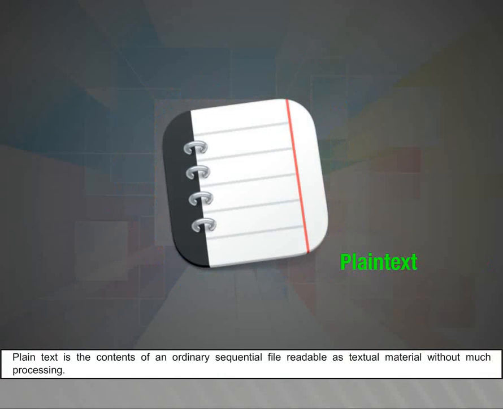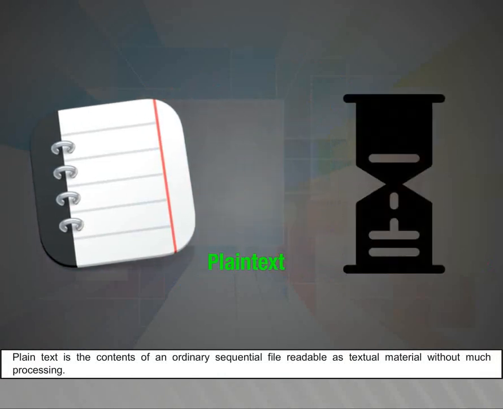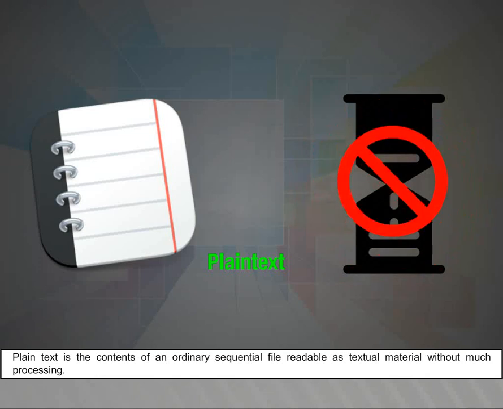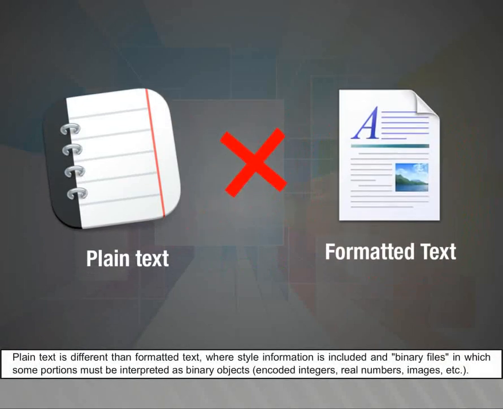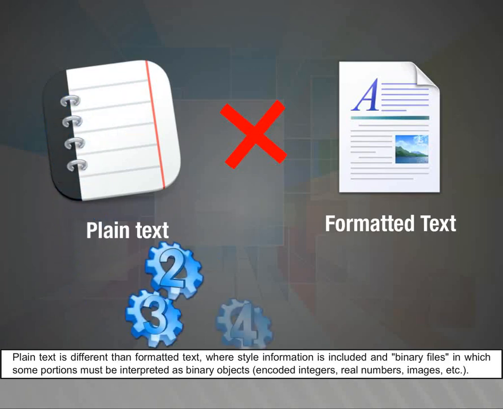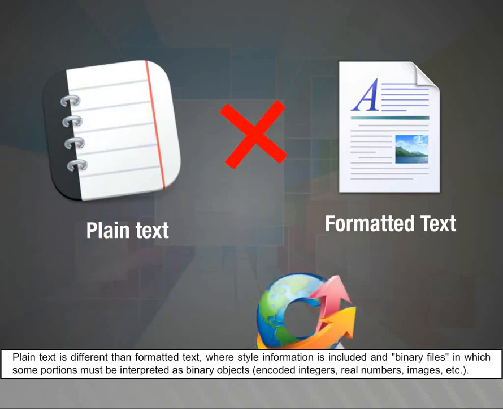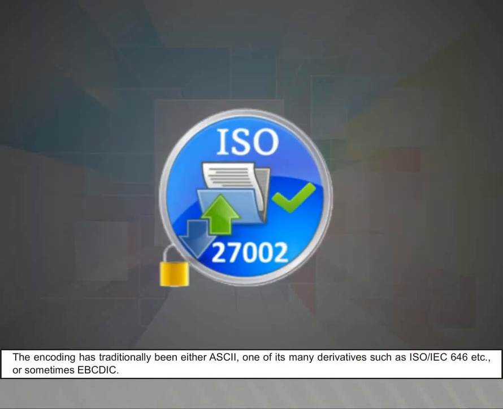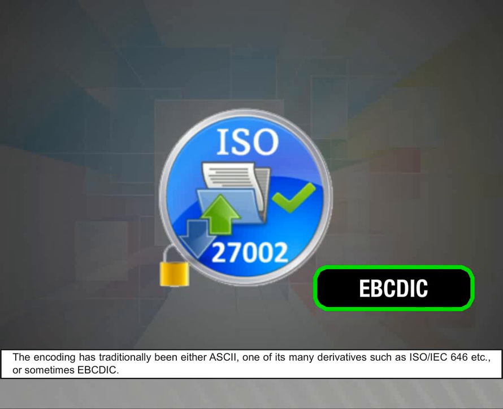Plain text is the content of an ordinary sequential file readable as textual material without much processing. Plain text is different from formatted text, where style information is included, and binary files, in which some portions must be interpreted as binary objects, that is, encoded integers, real numbers, images, etc. The encoding has traditionally been either ASCII, one of its many derivatives such as ISO/IEC 646, etc., or sometimes EBCDIC.